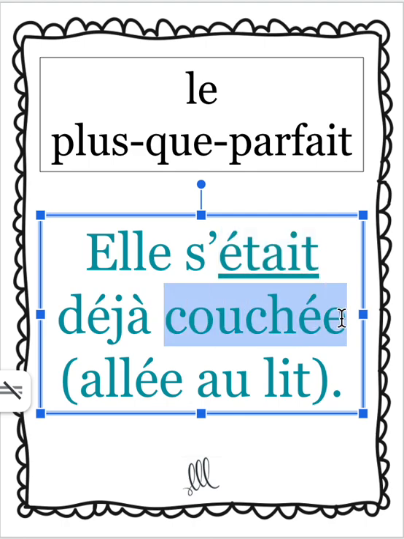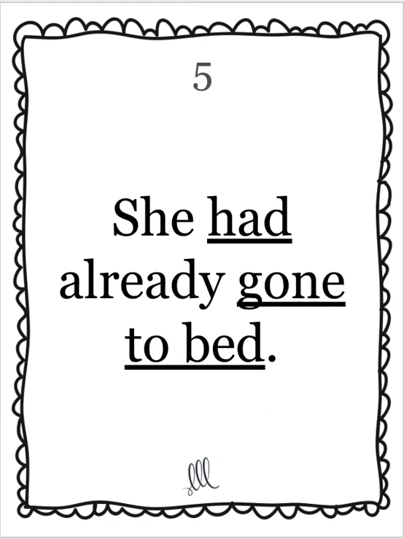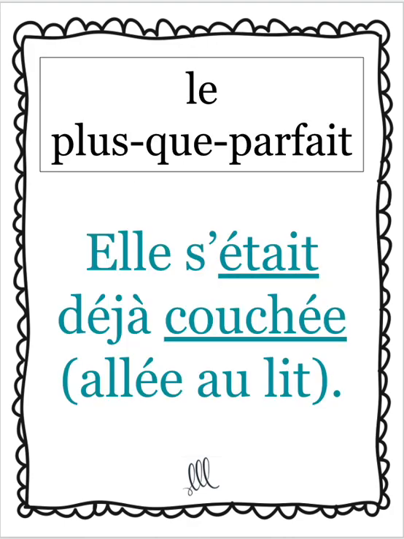And then you follow it up with your past participle. And all of a sudden, instead of being the passé composé, it's the plus que parfait. So instead of saying she went to bed, now it means she had gone to bed. And look, the already, déjà, I just put it in between the helping verb and the past participle. Oui? Très bien. Allez, numéro 6.